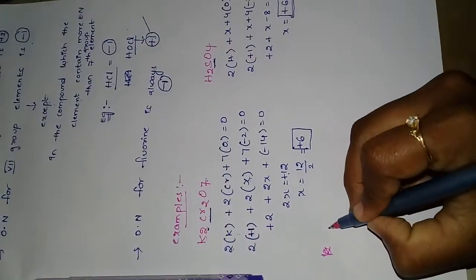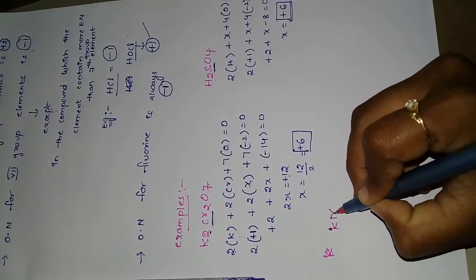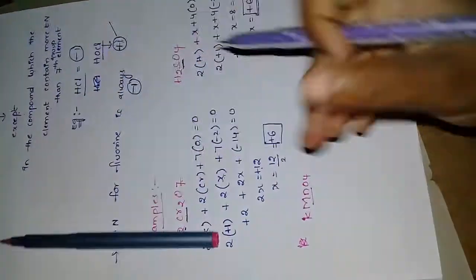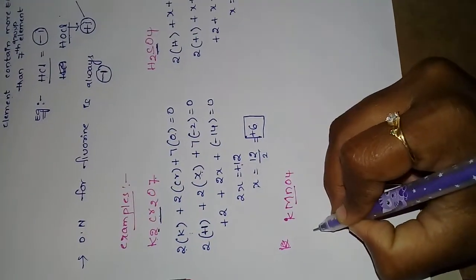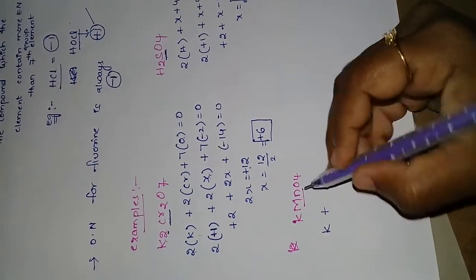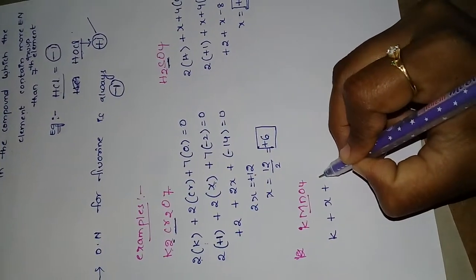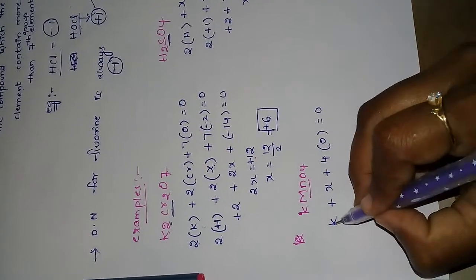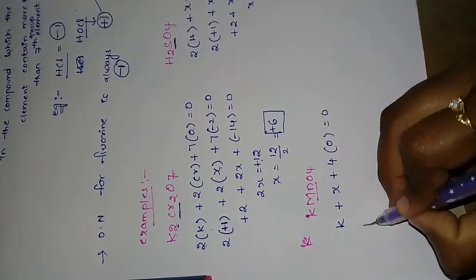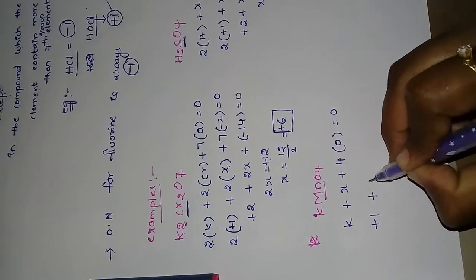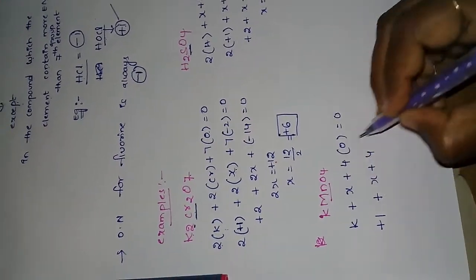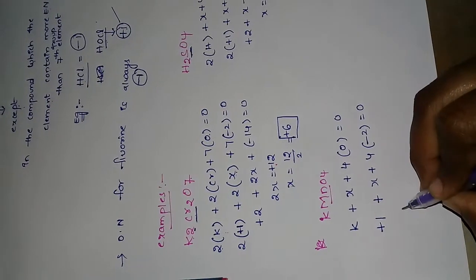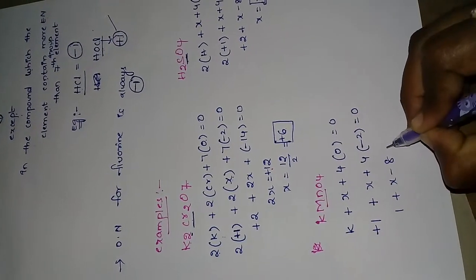Then we take potassium permanganate, KMnO4. We find oxidation state of manganese. Write first like this: K plus X plus 4 into oxygen is equal to 0, and potassium belongs to first group, so I am taking +1 plus X plus 4 into oxygen oxidation state -2 is equal to 0. 1 plus X minus 8 is equal to 0.